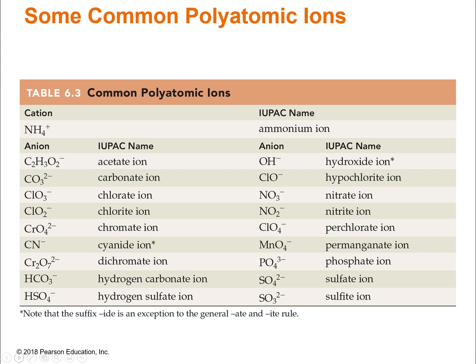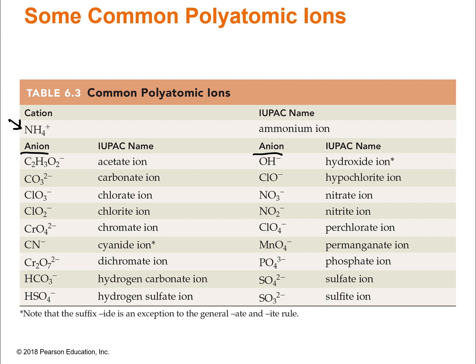You will have access to the Common Polyatomic Anions chart. You'll notice that there is one polyatomic cation, and that is ammonium. All the others are anions, and there are 2 rows. You get the chemical formula in the first row, and then the name in the second row.